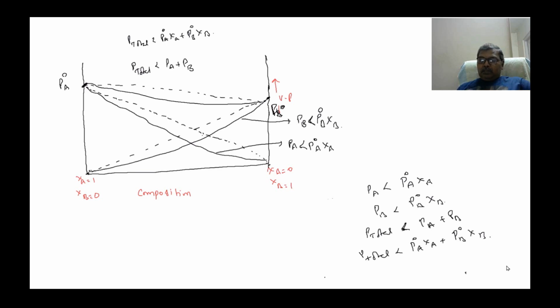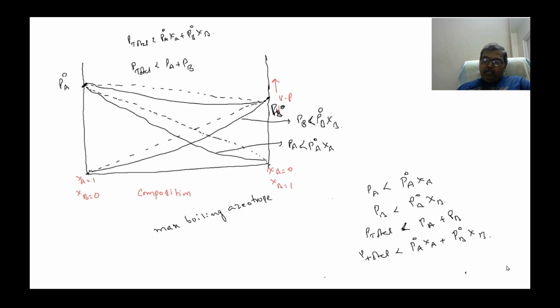These solutions are examples of maximum boiling azeotropes. Maximum boiling azeotropic, because vapor pressure is decreasing, so that is why the boiling point increases.